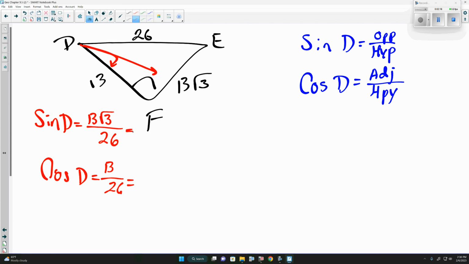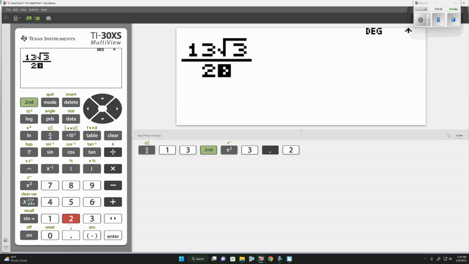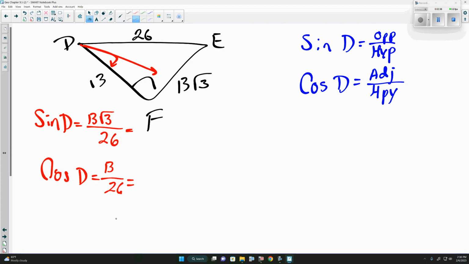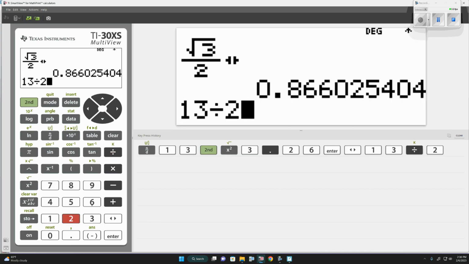Now, it wants us to find it as a fraction and as a decimal. So on the calculator, we can do 13 square root 3 over 26, which is square root 3 over 2, or 0.8660. We can also do 13 over 26, which is 1/2.